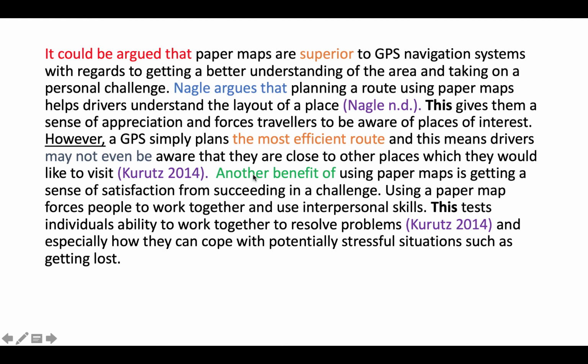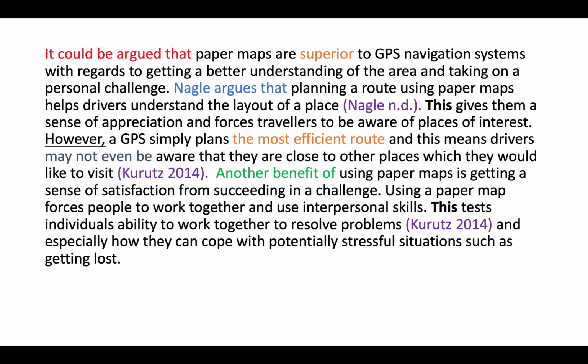Okay, another thing we mentioned in green, we've got "another benefit of". We could, if we wanted, have "one benefit of" earlier on in the paragraph. Okay, we got some kind of comparative structures. So "superior", we got "the most efficient route", so this is a superlative, and we got "however" as well, which links the ideas together to show that they are different.